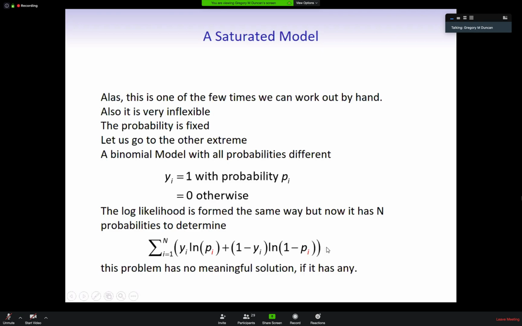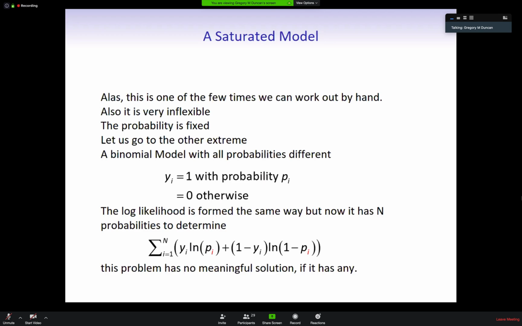Sum that over, and I can tell you that this does not have any meaningful solution, if it has any. One possible solution is pi simply equals yi. The problem with that is you can't take the log of 0. And so if yi is equal to 0, the pi can't be 0. So that's why it has no meaningful solution, if it has any.